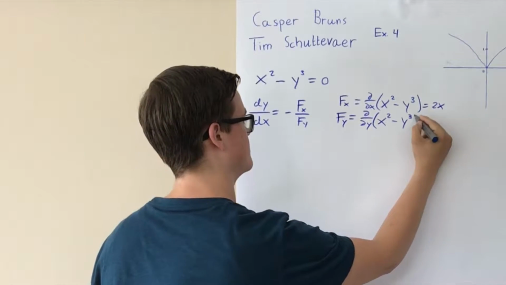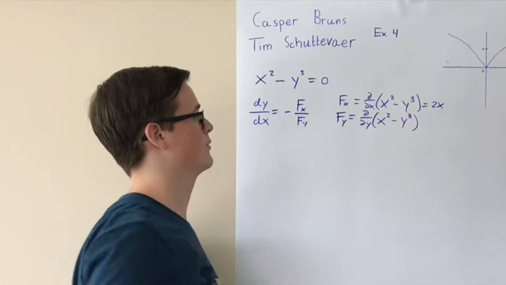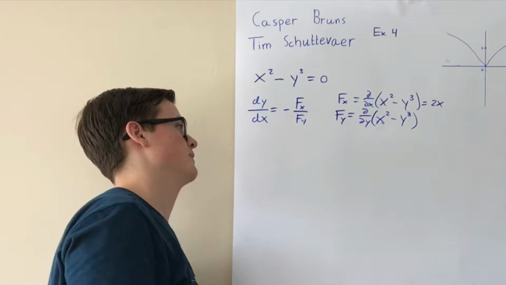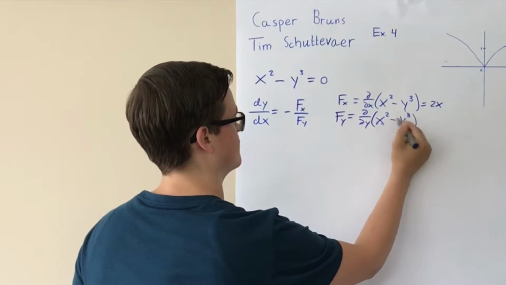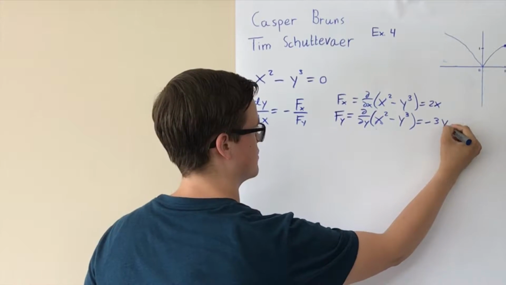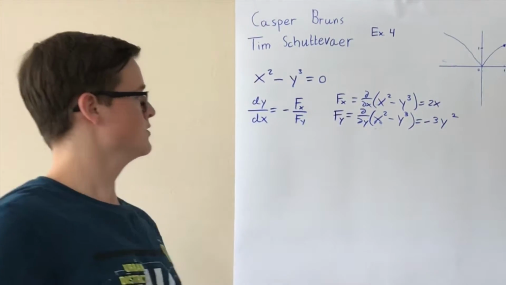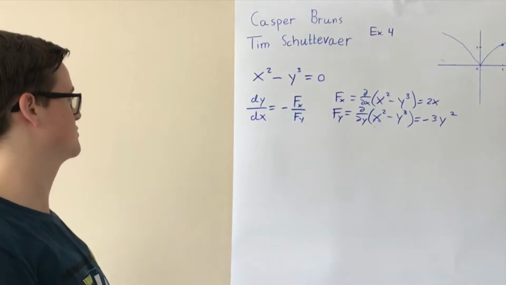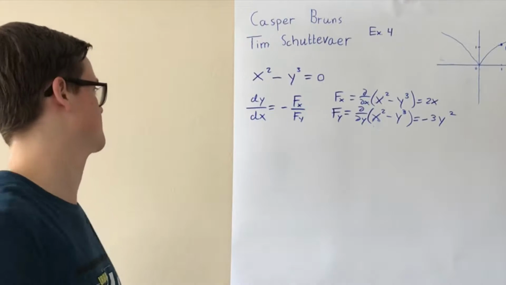Now we can do the same for f_y, which is the partial derivative with respect to y of the same function, x squared minus y cubed. The first part, x squared, is a constant, so that will disappear. The derivative of minus y cubed is minus 3 times y squared. Now we have the two parts and we can fill them into the formula for implicit differentiation.